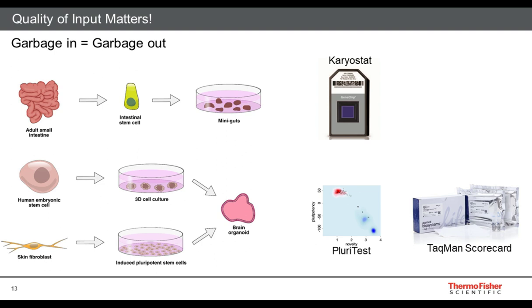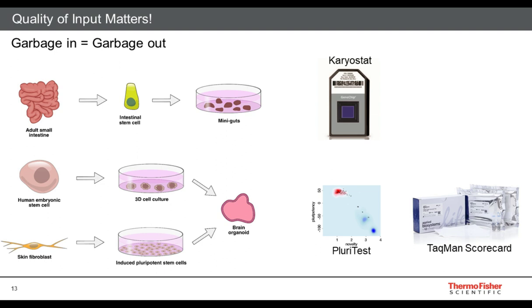So, with that in mind, one of the things that I'd like to briefly start with is talking about models, or organoid models in particular, that start from different types of stem cells. And one of the features that is self-evident here is that the quality of the material you start with is extremely important.